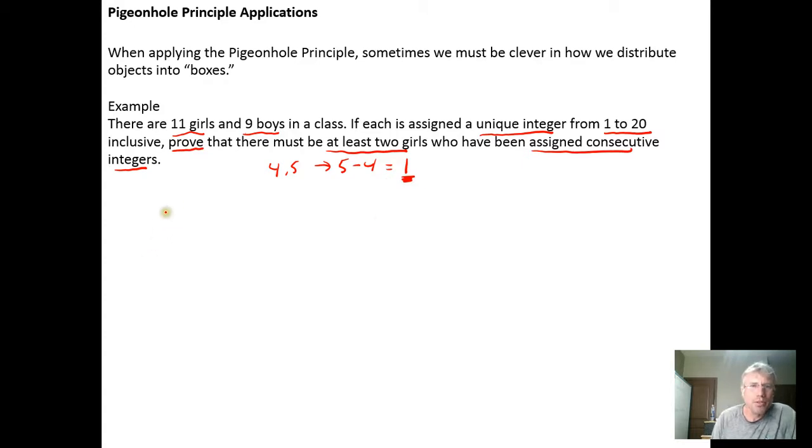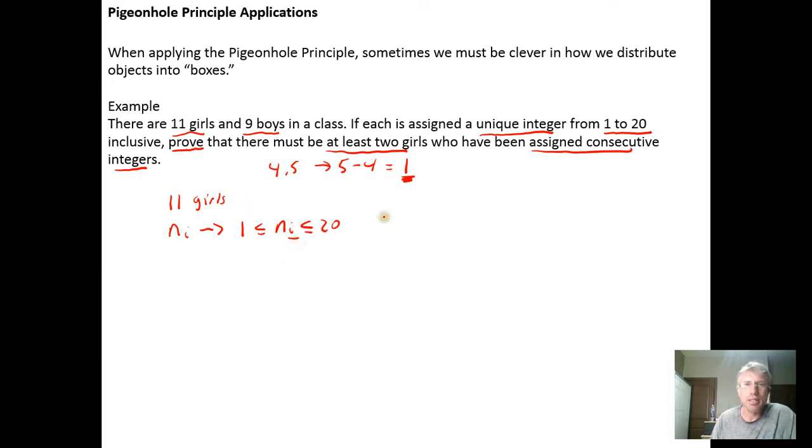So what I'm going to do is, for my 11 girls, I'm going to let n sub i represent the integer that got assigned to them. So n sub i is going to be a number between 1 and 20. It's going to correspond to the integer that was assigned to the ith girl.